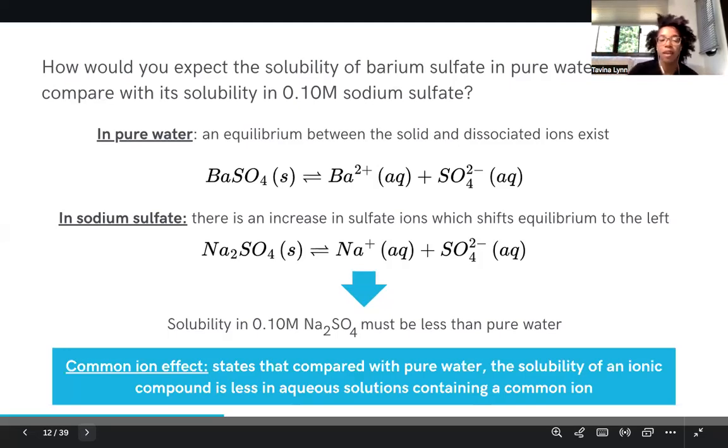The common ion effect basically says if we take an ionic compound and we dissolve it in an aqueous solution that has a common ion, it will be less soluble in it because we have this common ion that's going to shift it in the direction of precipitation. So in this example, our common ion is sulfate. So sulfate is the culprit, or the reason that the equilibrium shifts in the direction of precipitation.